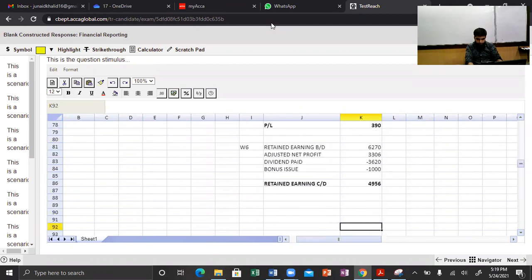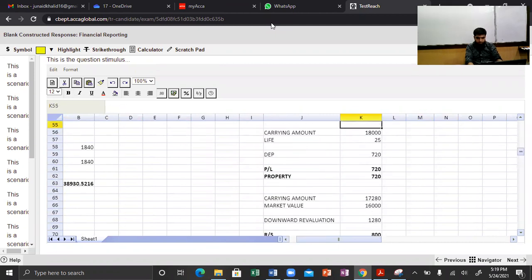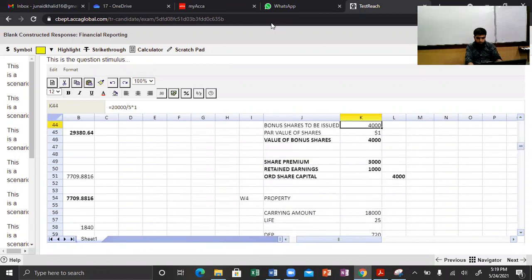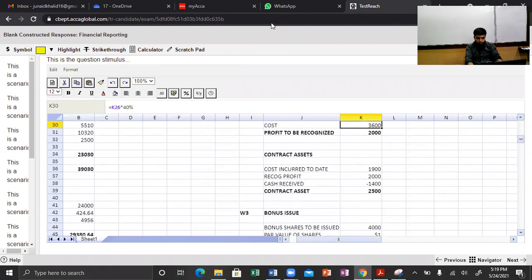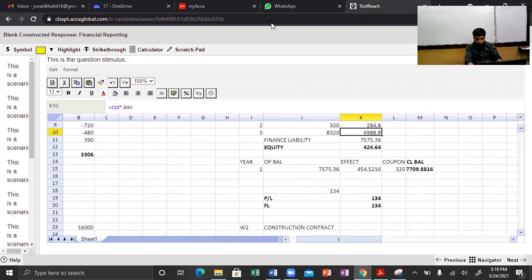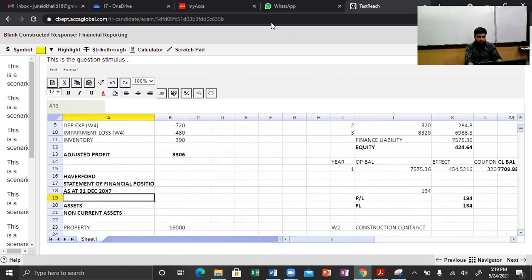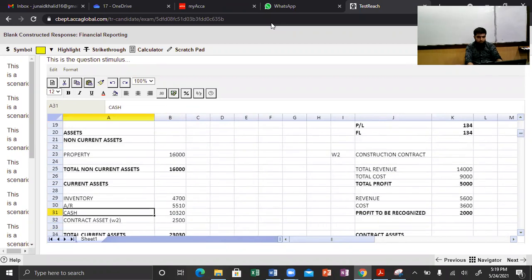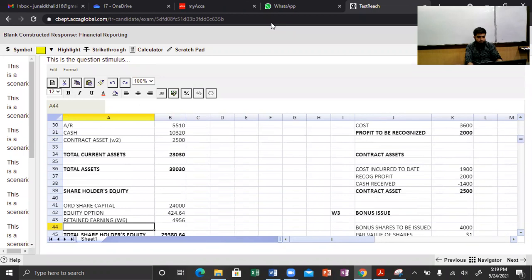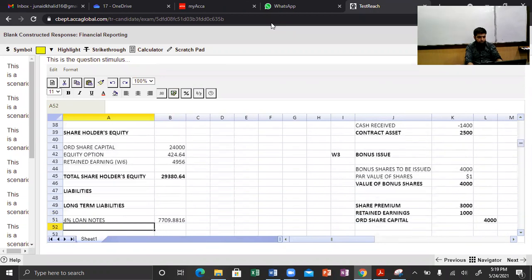Retained earning balance we have taken into account for, and okay. The interest for the year is P&L debit and liability credit. So the interest expense we have recorded in the P&L, but we haven't accounted for in the balance sheet.